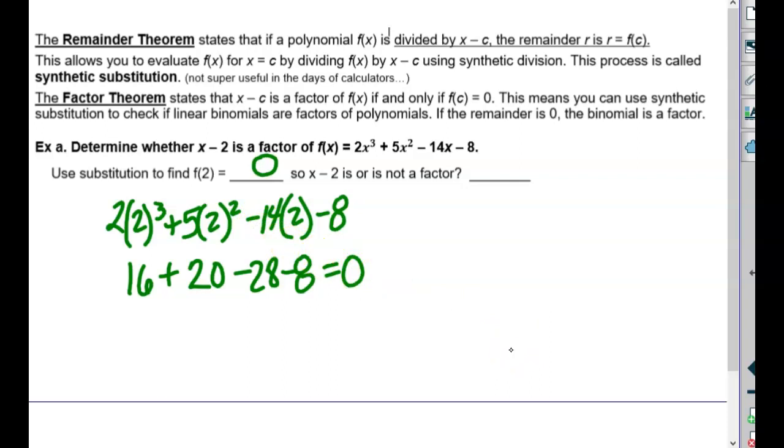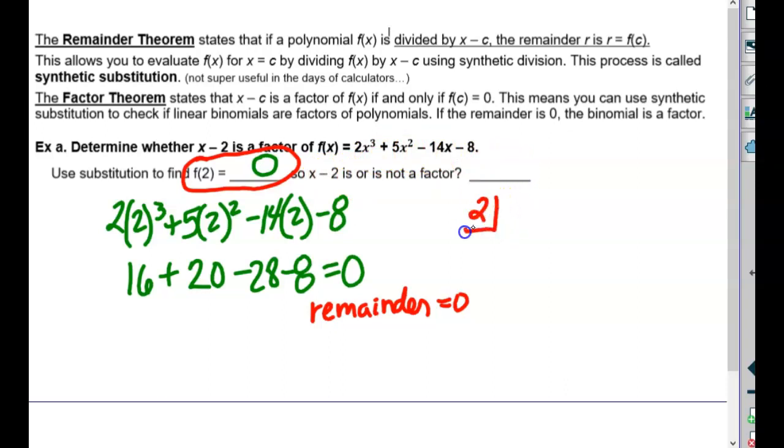So what does that mean? Is x minus 2 a factor? We put in a 2 and got out a 0. This predicts the remainder, okay? This means the remainder will be 0. So would x minus 2 go in evenly?